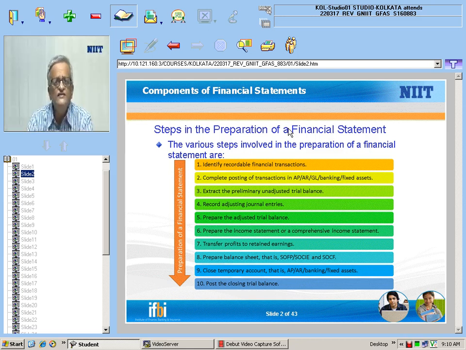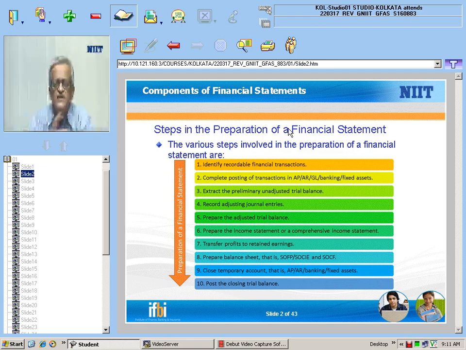Adjusting journal entries relate to the accrual and deferral. Already we have learned what is accrual and deferral in the last session. So these accrual and deferral amounts have to be accounted for at the end of the accounting period, along with other items like depreciation, provision for doubtful debts, provision for obsolete inventory. All these are also to be recorded, and these are called the adjusting journal entries.